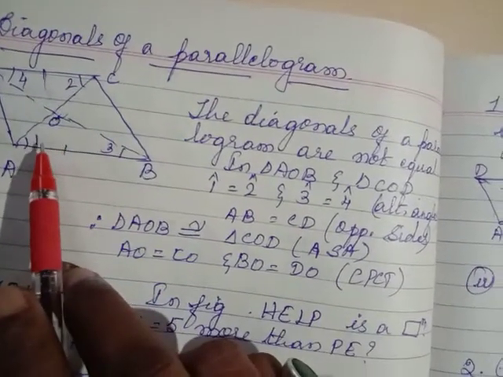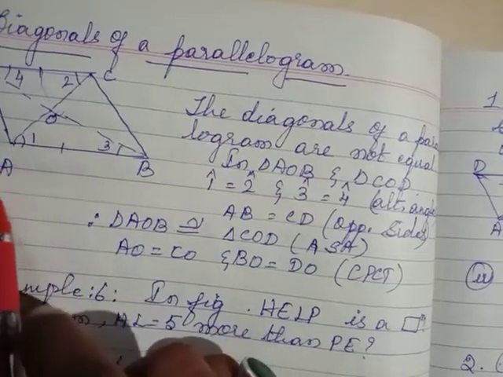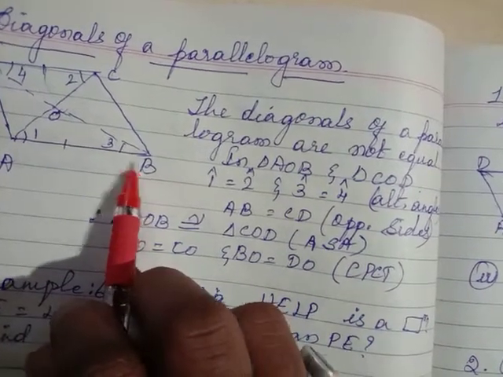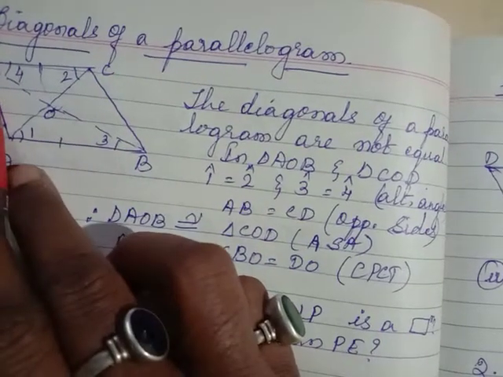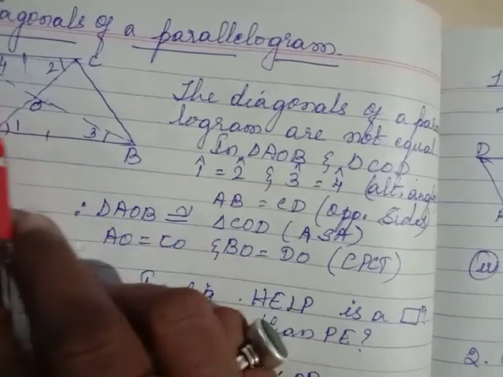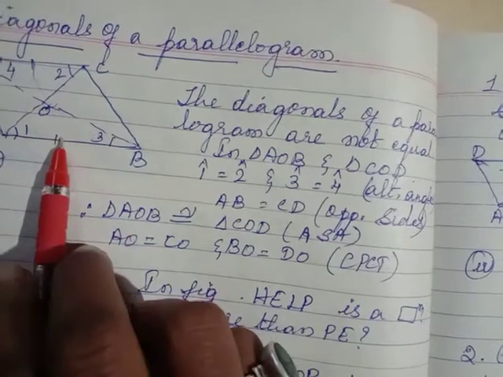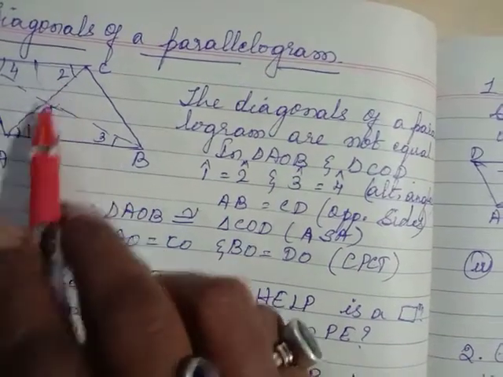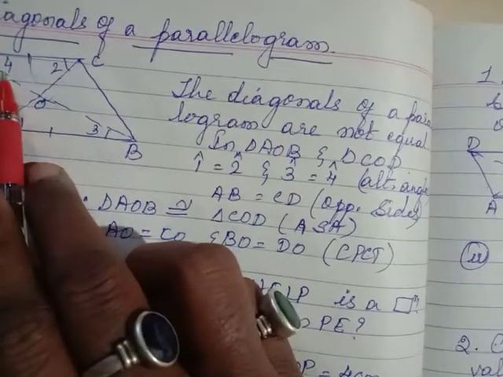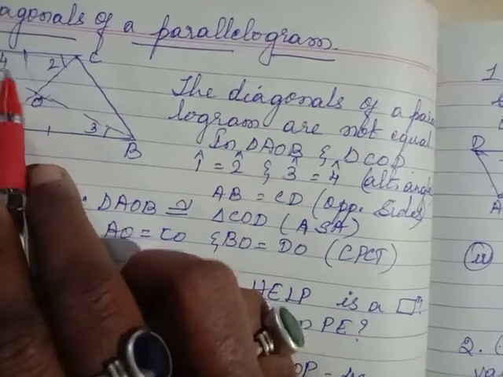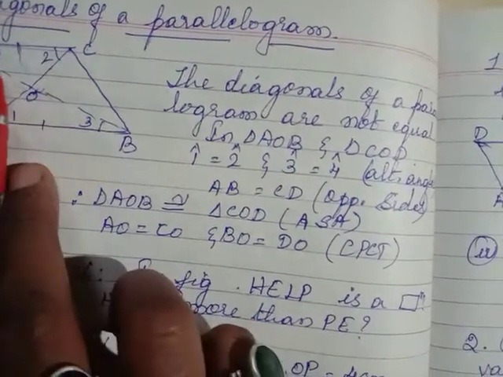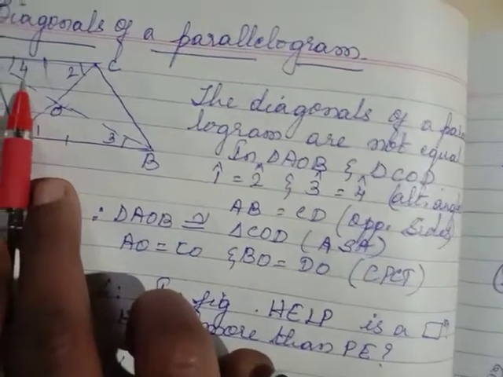Okay. Now, in triangles AOB and COD, opposite triangles. When we compare these two, angle 1 is equal to angle 2, angle 3 is equal to angle 4, since alternate angles. Then AB is equal to CD, opposite sides. Understanding?